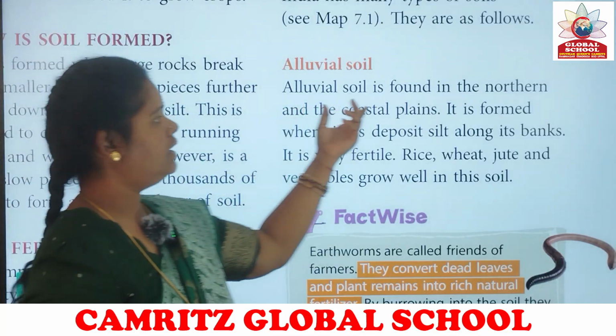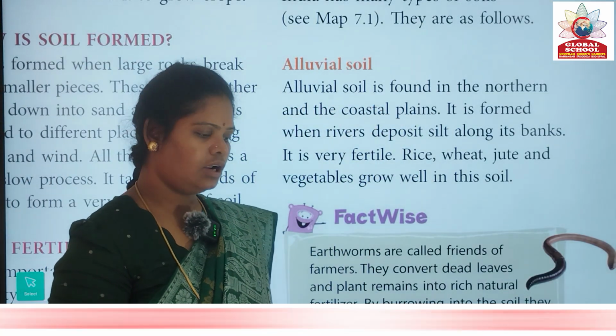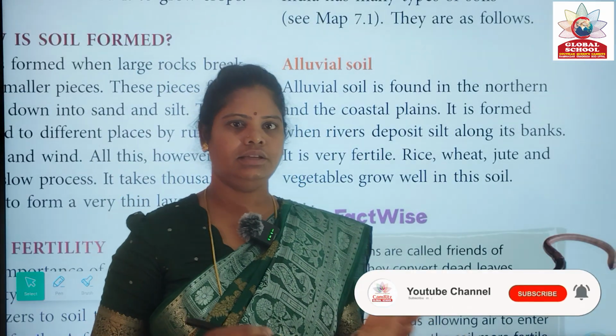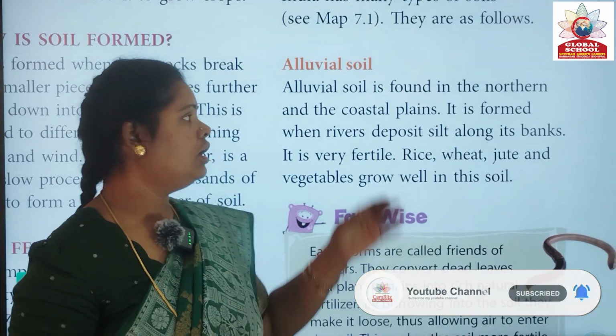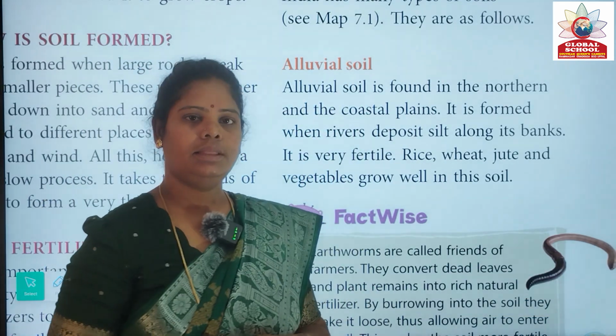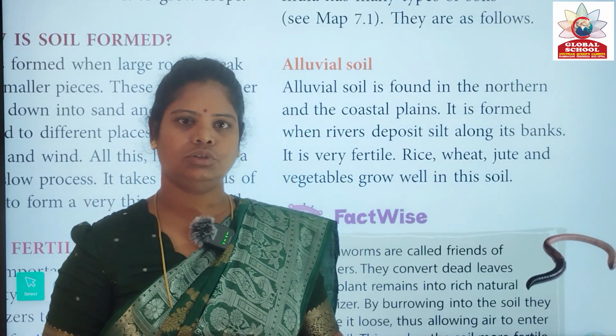Alluvial soil is formed in the northern and the coastal plains. The northern plains of India are Haryana, Punjab, Delhi, Jammu and Kashmir, Uttar Pradesh. In these places we find the alluvial soil, and even the coastal plains, the plains which are adjacent to water bodies, we call them coastal plains.